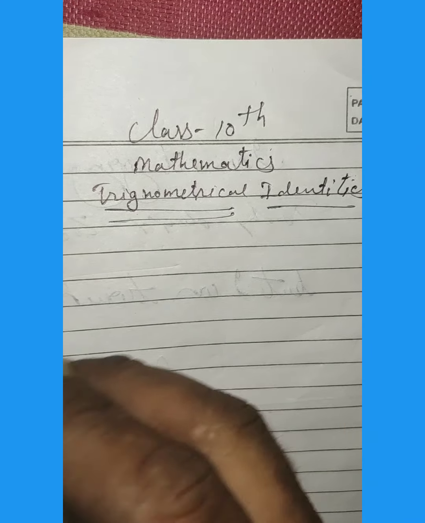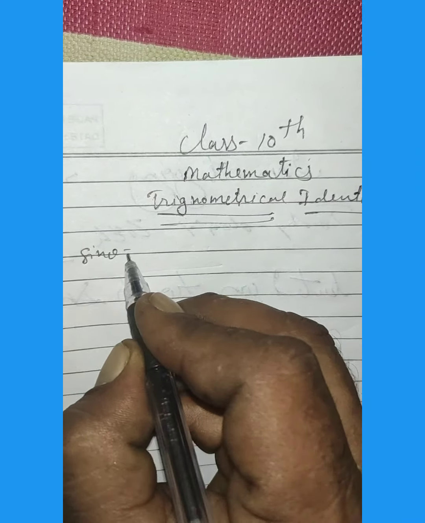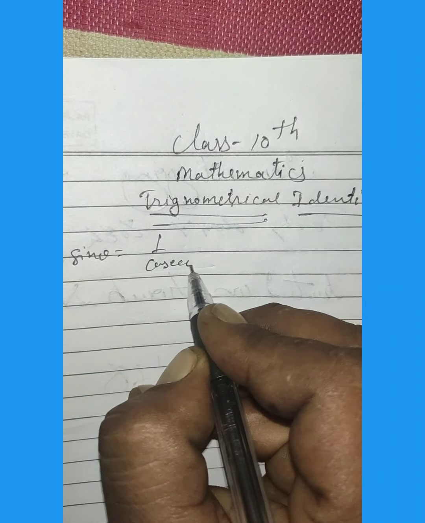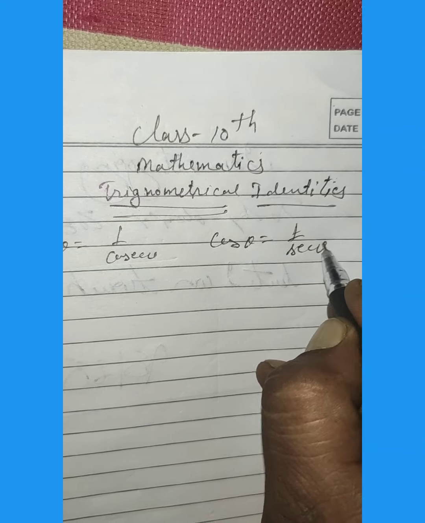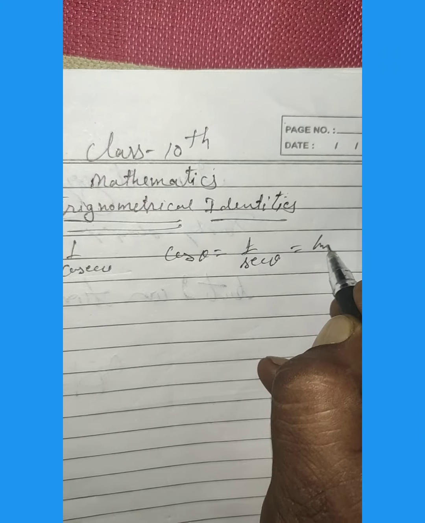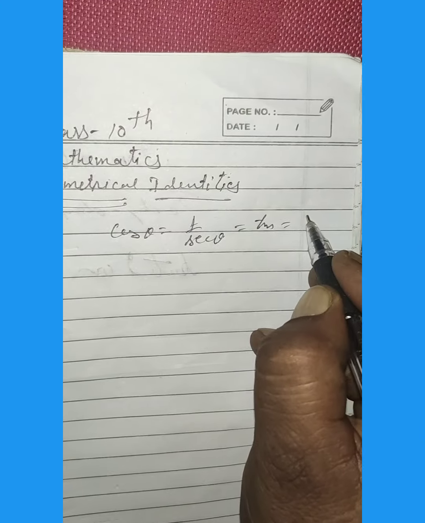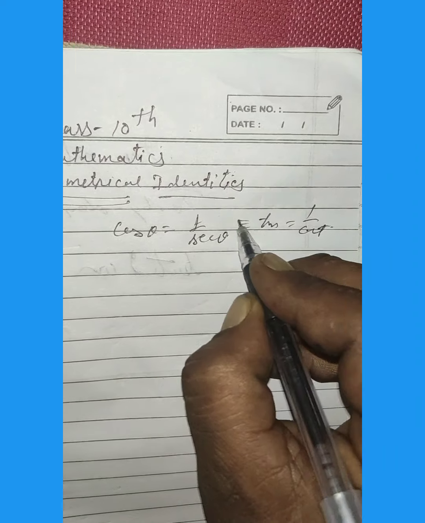Just as sin theta is equal to 1 upon cosecant theta, cos theta is equal to 1 upon secant theta. Such formulas are already explained. Tan theta is equal to 1 over cot theta.